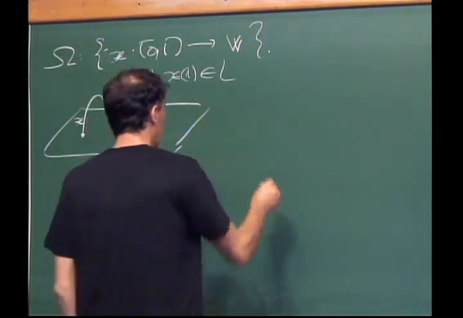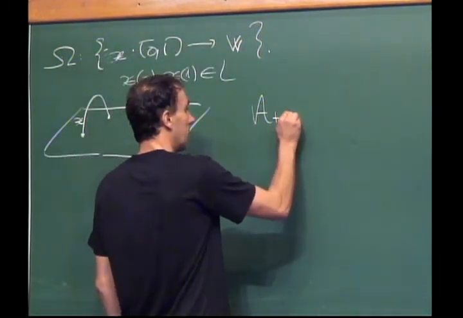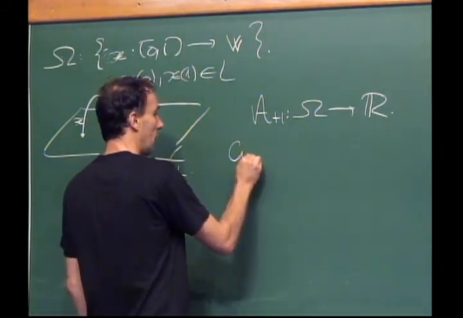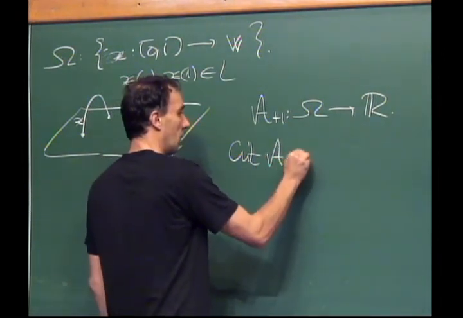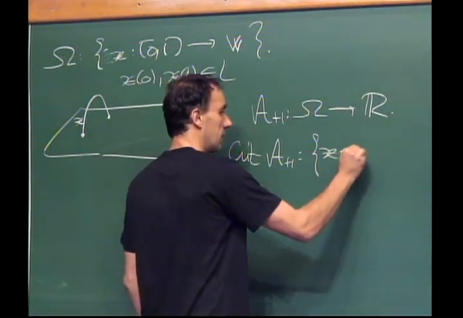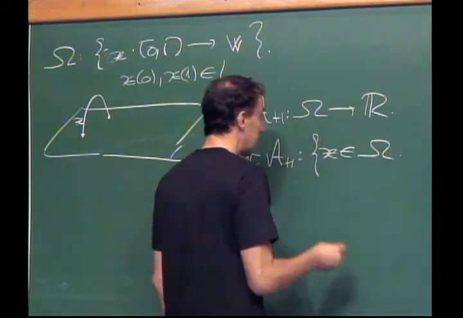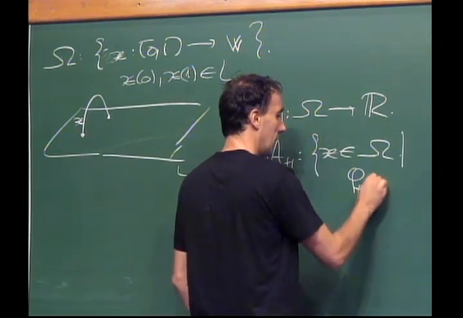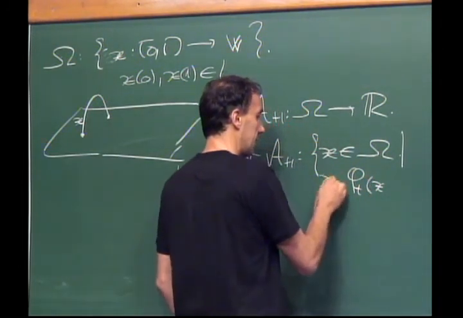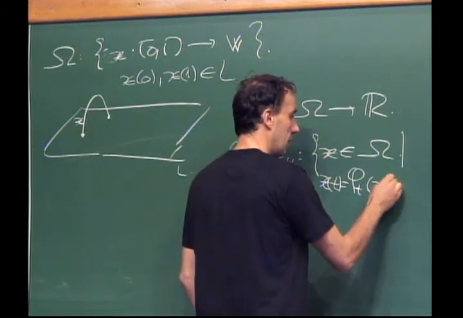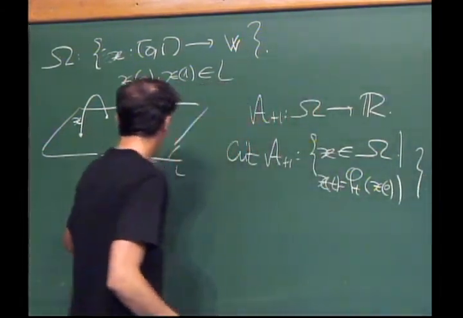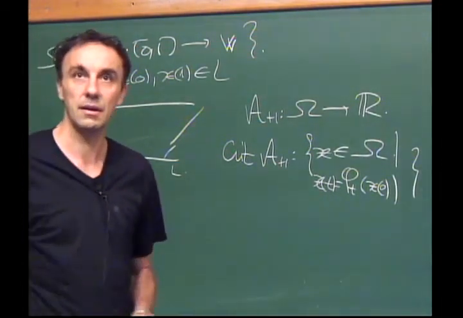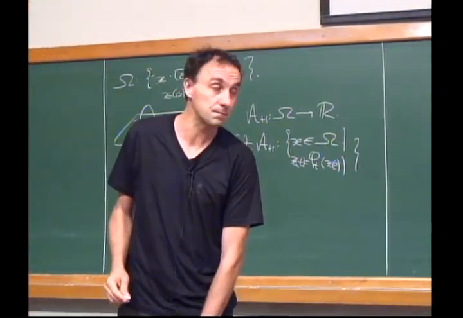So we defined a functional whose critical points were exactly the paths which satisfied phi t of x t equal to phi t of x0, which means that they are Hamiltonian chords between the Lagrangian and itself.